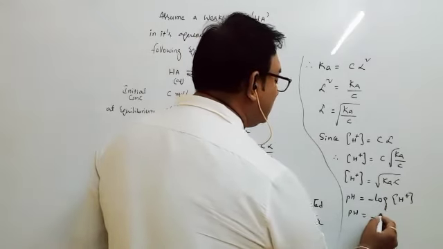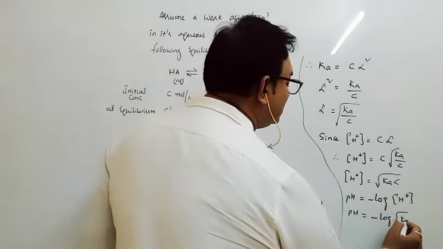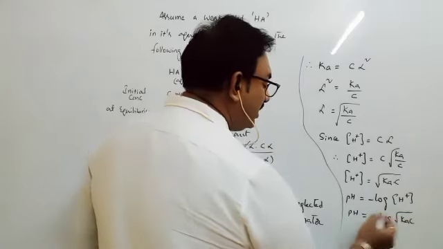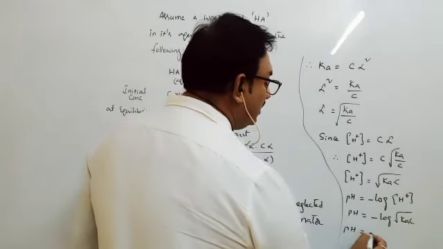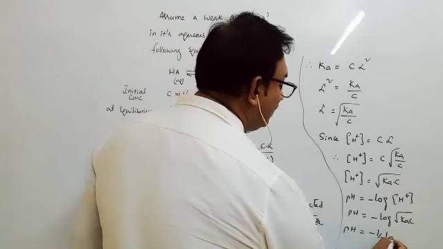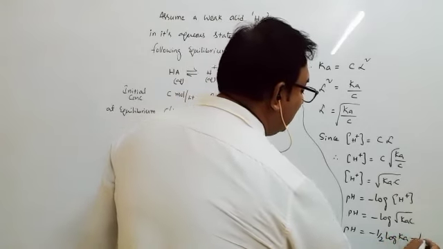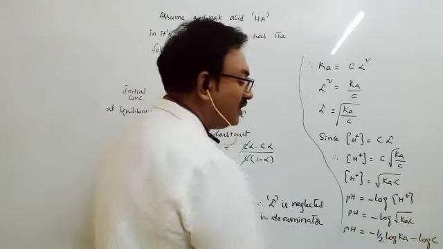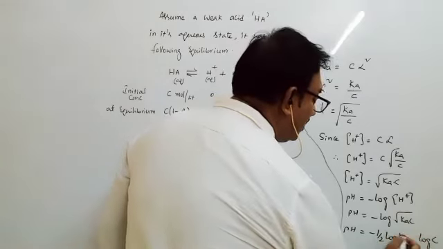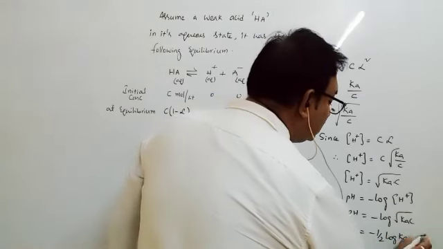Therefore, pH is equal to minus log root KaC. That can be written as minus half log Ka minus half log C.